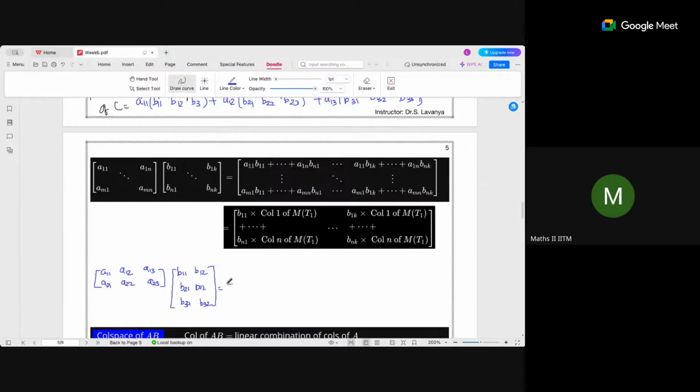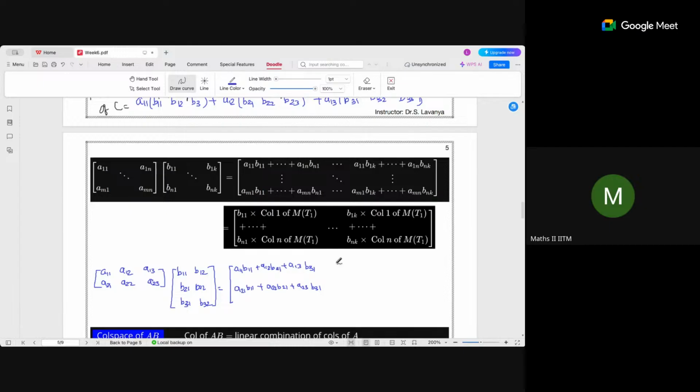Okay. Now what is this multiplication? You see that the first column is A11 B11 plus A12 B21 plus A13 B31, right? And what is the second entry of the first column? A21 B11 plus A22 B21 plus A23 B31.